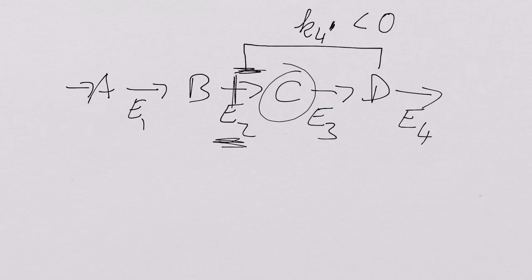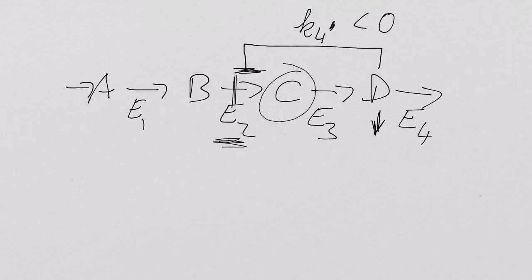What happens to the concentration of D? If C goes down, it goes down. What happens if D goes down to the inhibitor? Do we have lots of inhibitor then? No. So we lose the inhibition.